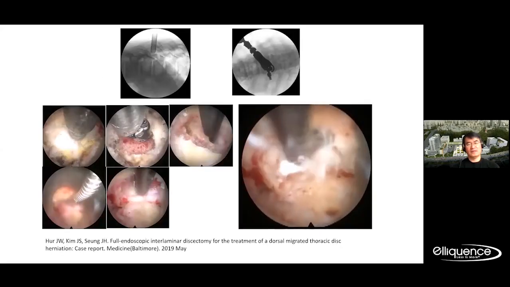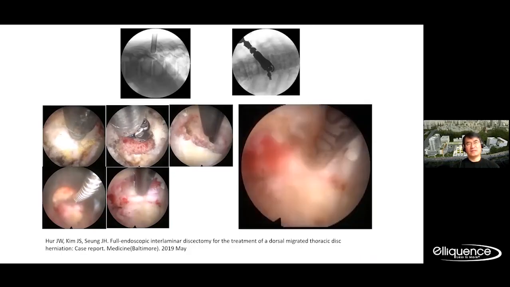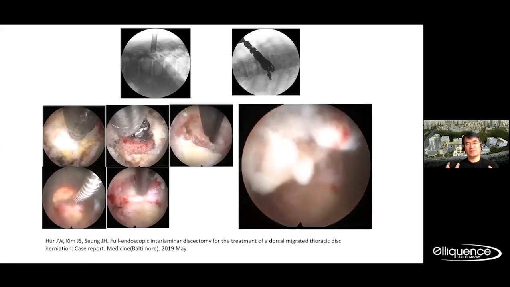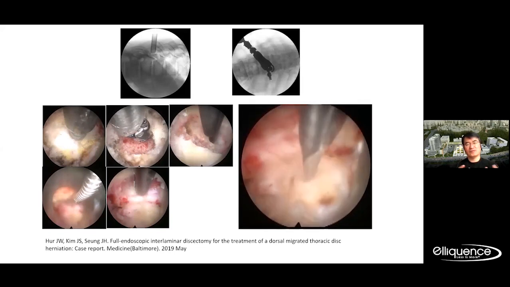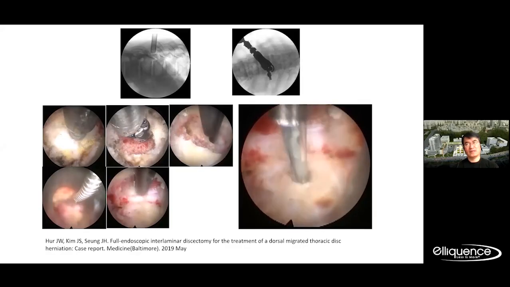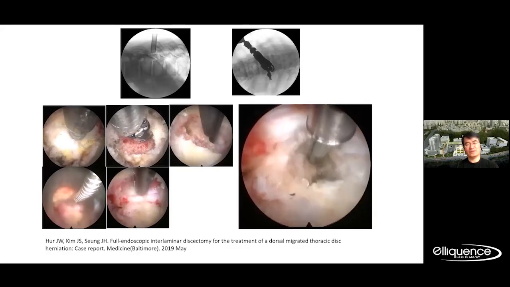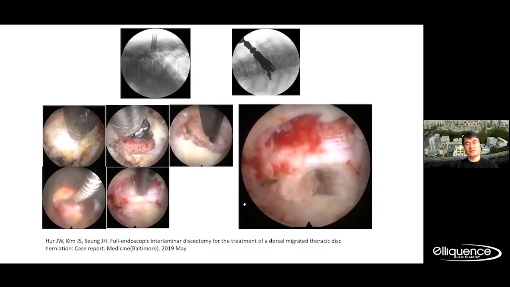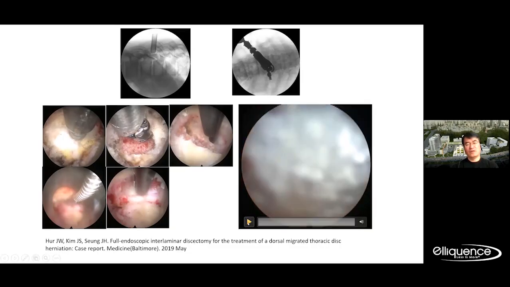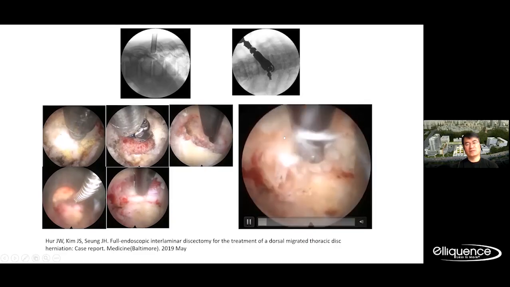This is a case I have done; actually it's not purely interlaminar, it's involving interlaminar and translaminar. I needed to resect all the way of the facet, like a hemilaminectomy done by endoscope, because of the bunch of ruptured disc herniation located in the dorsal side. So you can see the rupture.